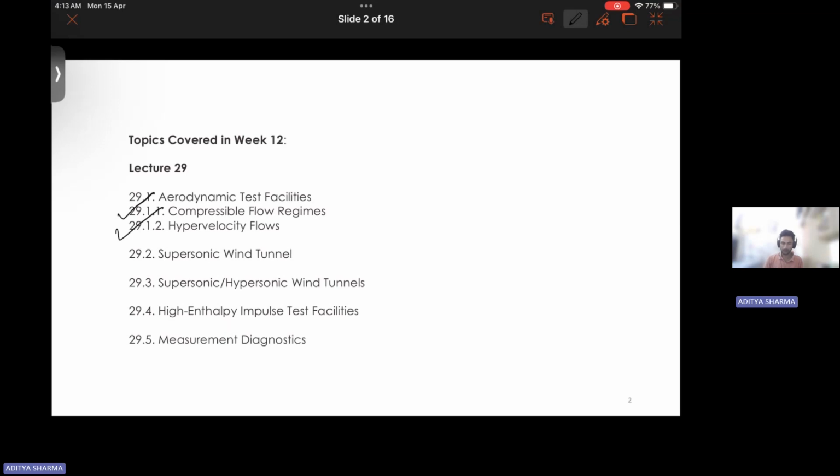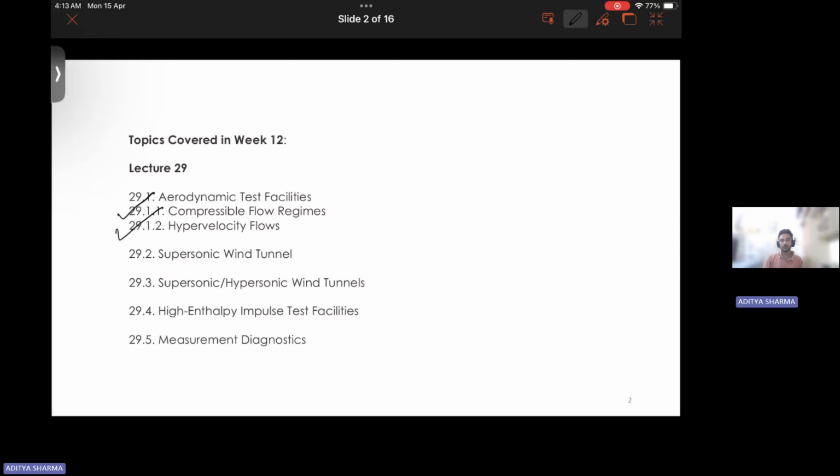It has a reservoir, then a supersonic throat. After that, we have the test section for this supersonic tunnel, and at the end, we have a supersonic diffuser. It will slow down the flow with minimum pressure losses. This has been again discussed in this lecture.